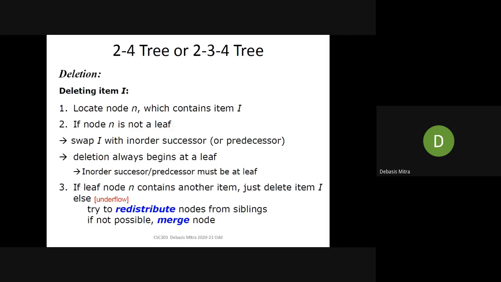Because what you will do, you will replace the element to be deleted with its in-order successor or predecessor, and you will physically delete that in-order successor or predecessor from its original place, which is a leaf, obviously. So irrespective of whether you are asked to delete an element which resides in a leaf or not, your actual deletion will always take place from a leaf node.